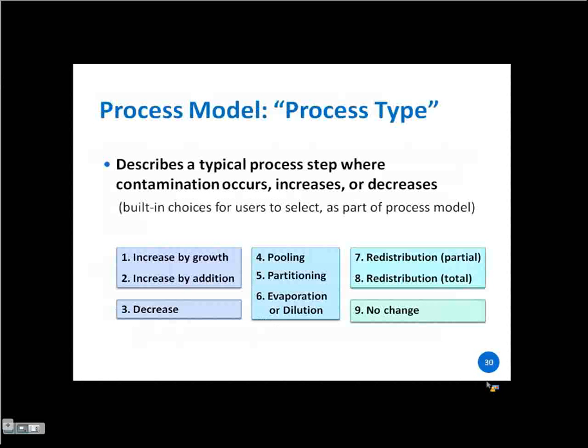The built-in process types provide flexibility in iRISK because these can be selected to represent the variety of common or major processes in food production, processing, and handling that affect the prevalence, the level, and spatial distribution of pathogens.